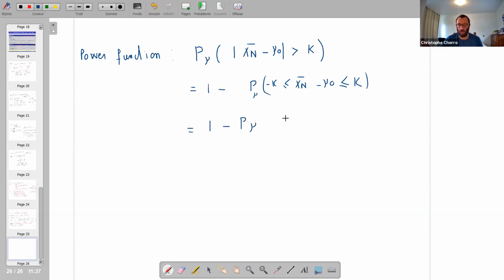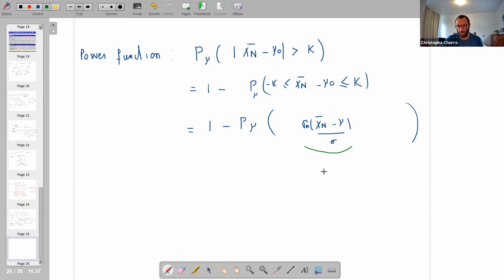That is the probability of mu of what? I can write it this way. So I can put mu 0 here and mu 0 here, and I will write X̄n minus mu over sigma times the square root of n. Why do I do this?